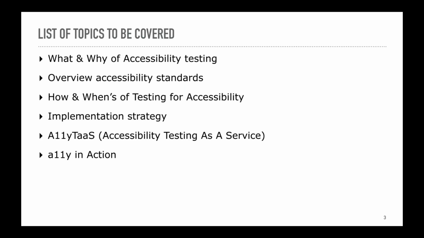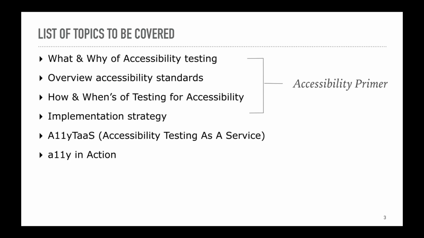So here is a list of topics to be covered today. I know accessibility is a hot topic in the market, where everybody wants to learn about accessibility and how you can implement it in your organization and within your projects, and whether you need extra efforts to implement accessibility on your existing workflow, or will you need separate efforts and all that?